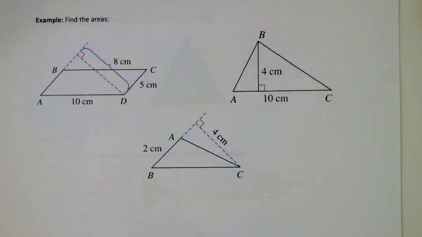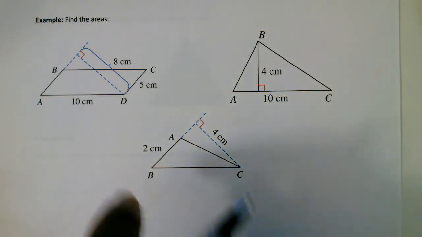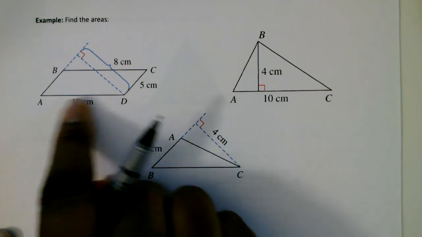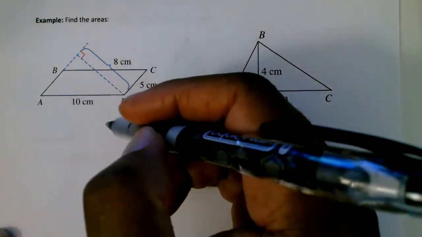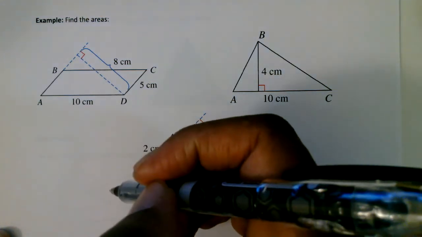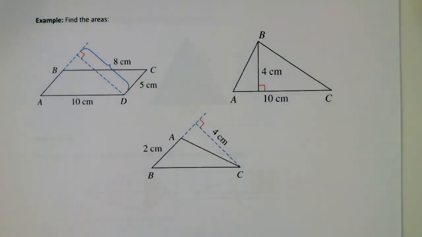So now let's look at a few examples of this one. Let's say I want to find the area. Now, as you can see here, this one is a parallelogram, by the way.